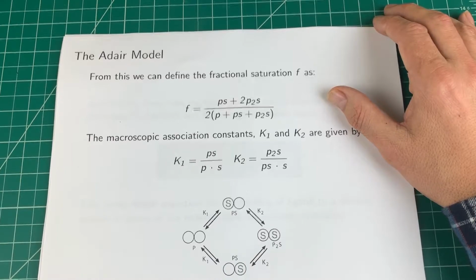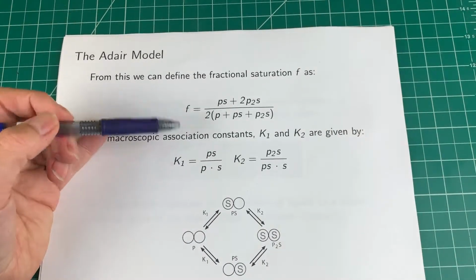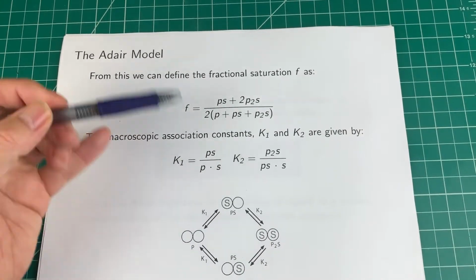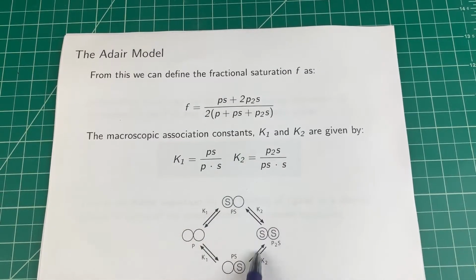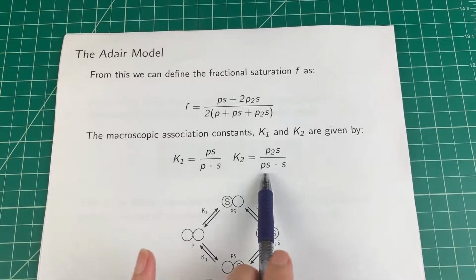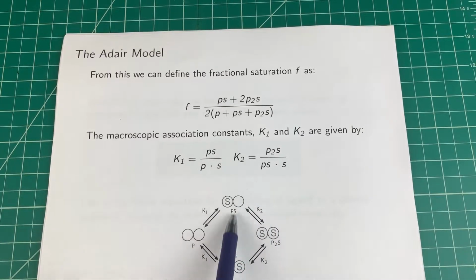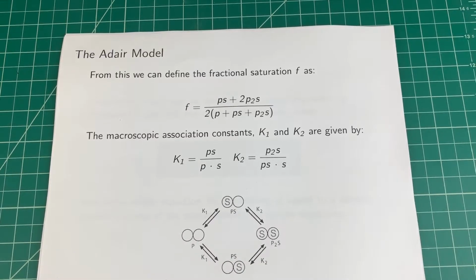So they have the same association constant. K1 is just the total concentration of PS divided by the product of P and the ligand. And then K2 is the concentration of the dimer with both ligands bound divided by the total concentration of the middle state times, again, the ligand concentration.